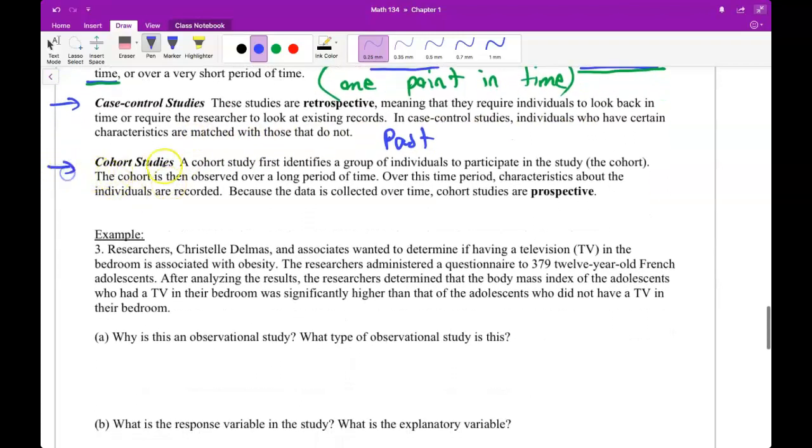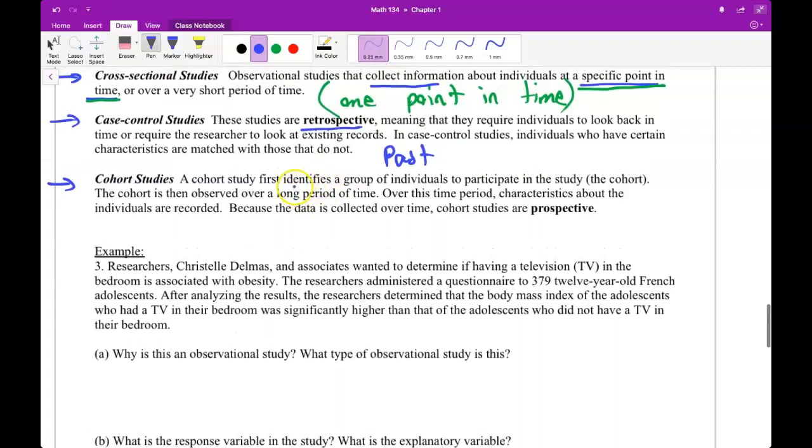The next one is cohort studies. A cohort study first identifies a group of individuals to participate in the study. So they identify a group of individuals first. The cohort is then observed over a long period of time.